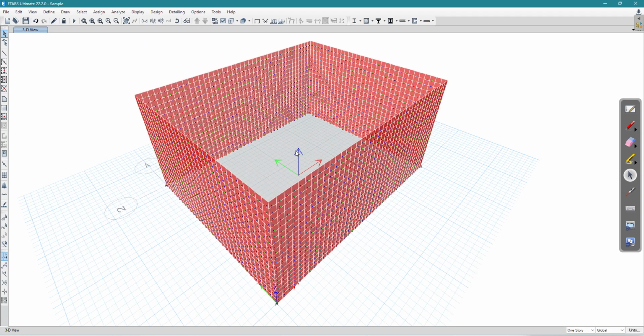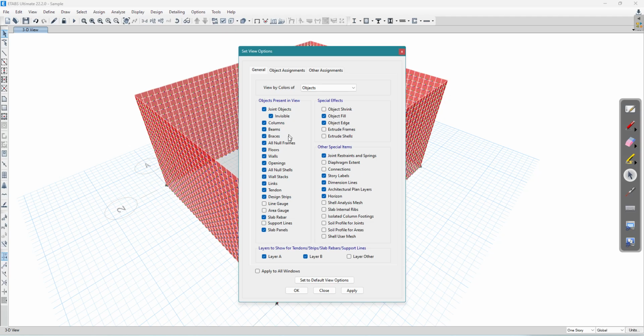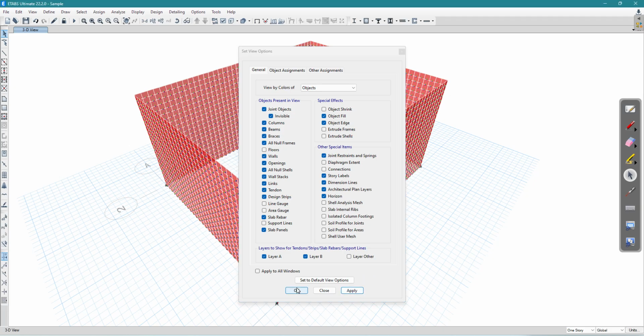While assigning the loads to shells or walls, you can hide the base slab also. See here, you go to set display options. In case of floors, you uncheck this. Click on apply.